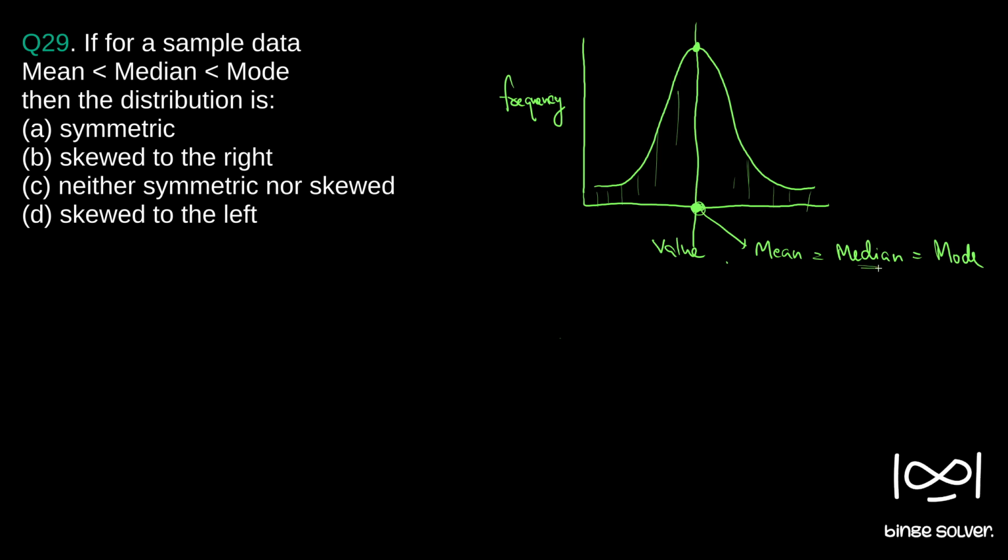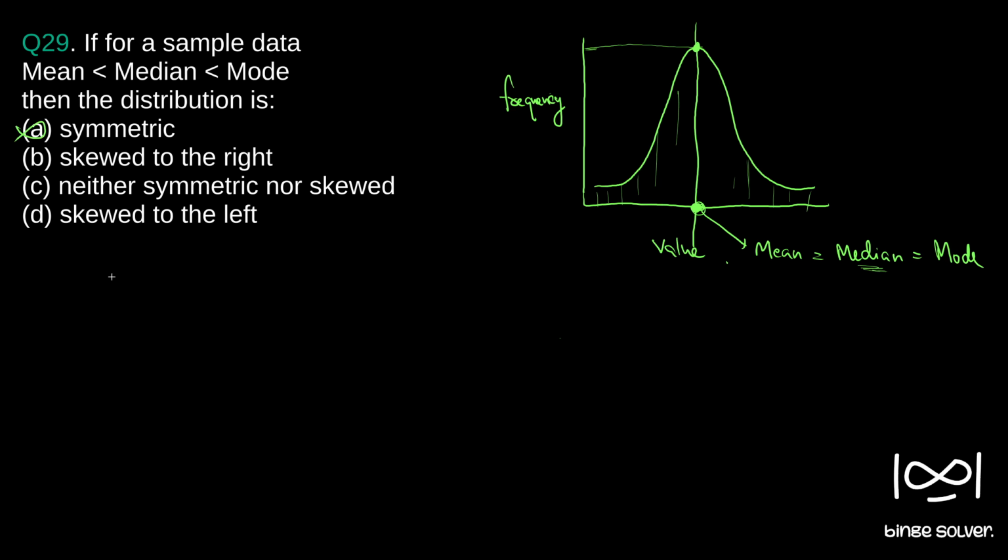So that is why it is also the median. And mode, since it is the number with the largest frequency, this number will also become the mode. So mean equal to median equal to mode happens for a symmetric distribution. Since it is given that mean is less than median is less than mode, it is not a symmetric distribution. So A is a false answer. It is not the answer.